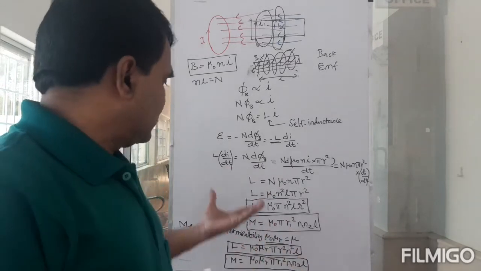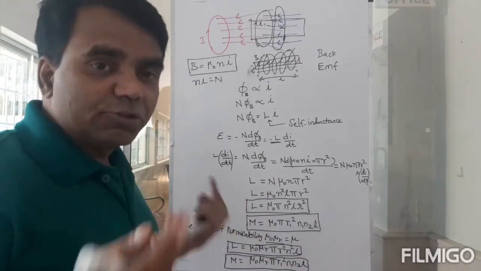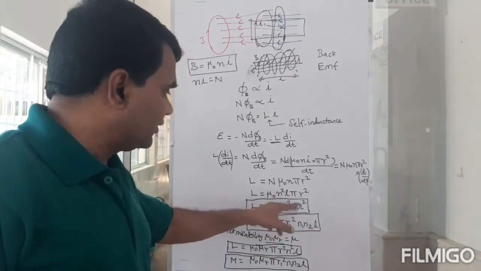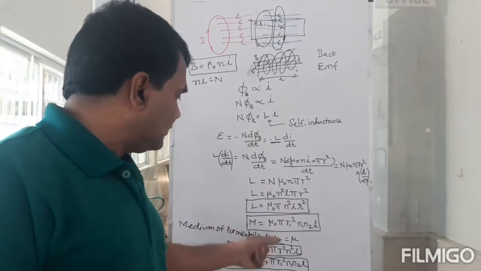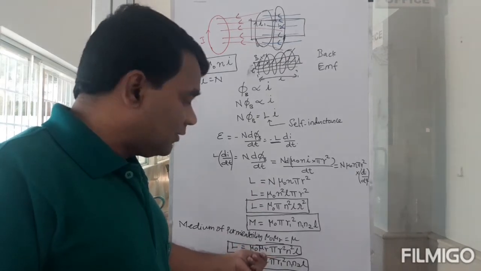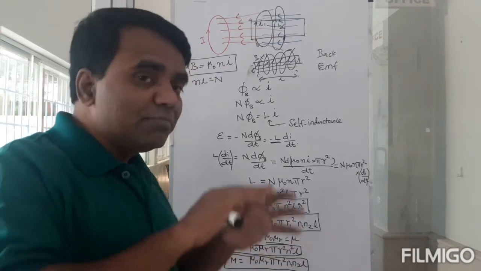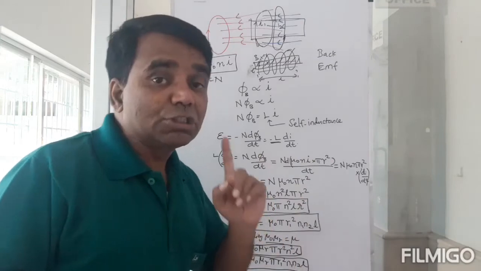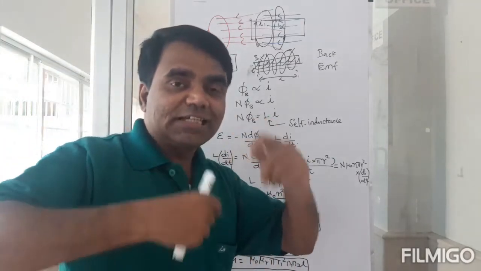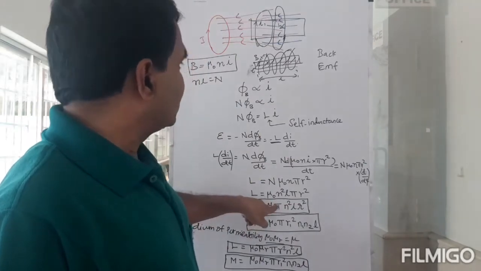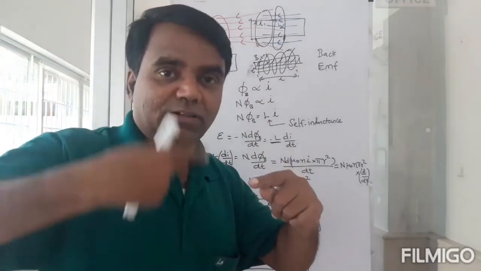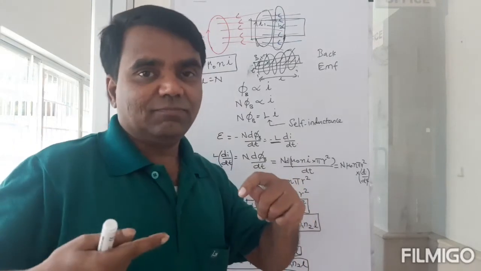So you can see that both the self-inductance and the mutual inductance depend on the geometry of the coil and the permeability of the medium around which the coil is wound, not the material with which the coil is made. It's the same for an aluminium coil or a copper coil.